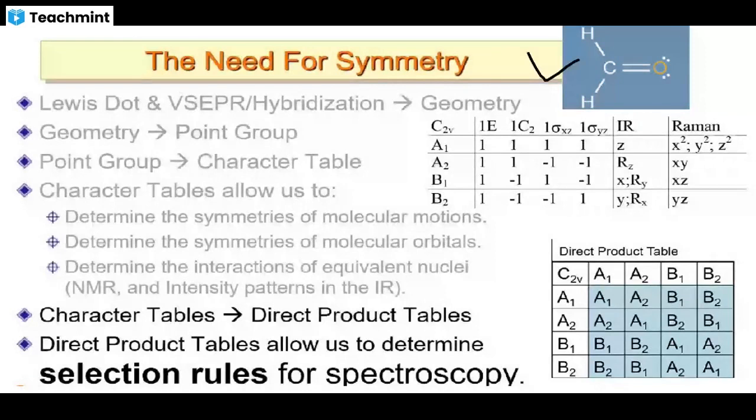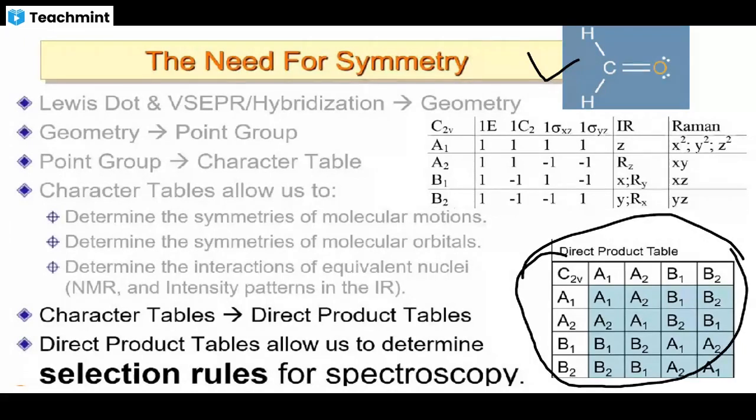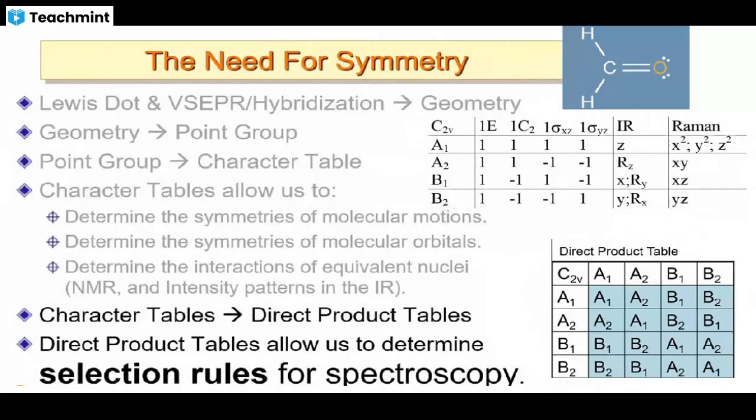From the character table, you can determine the symmetry of molecular motion, determine the symmetries of molecular orbitals, and determine the interactions of equivalent nuclei. From the character table you can also find the direct product table, which will be useful for allowed IR. You saw the previous questions, it is allowed by IR, x polarized light like that. We saw the example.